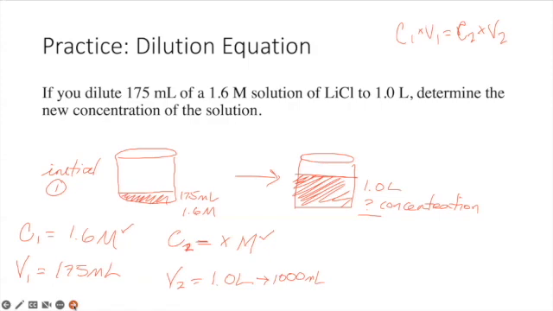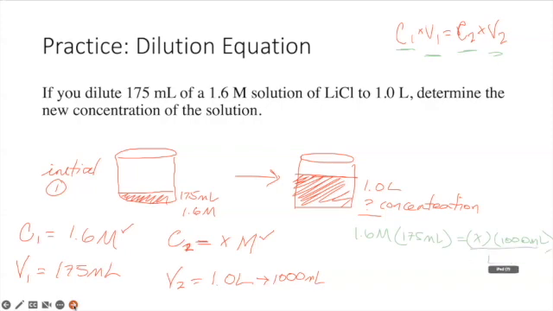So now it's a matter of plugging that into this equation. So I have 1.6 M goes where my C1 is, 175 milliliters, my V1, equals C2, we're solving for, so I'm going to go ahead and put X, times V2, which we've changed to 1,000 milliliters because we want to keep those units consistent.